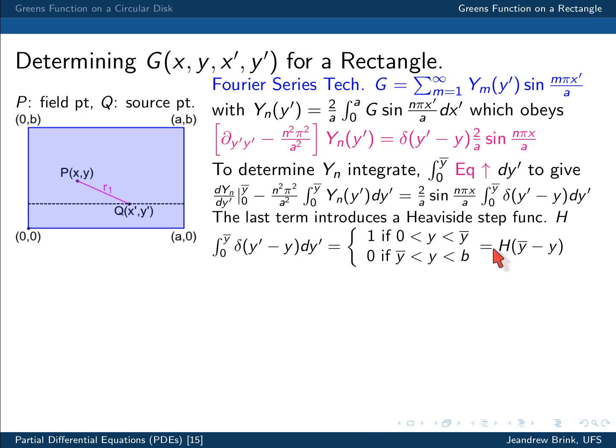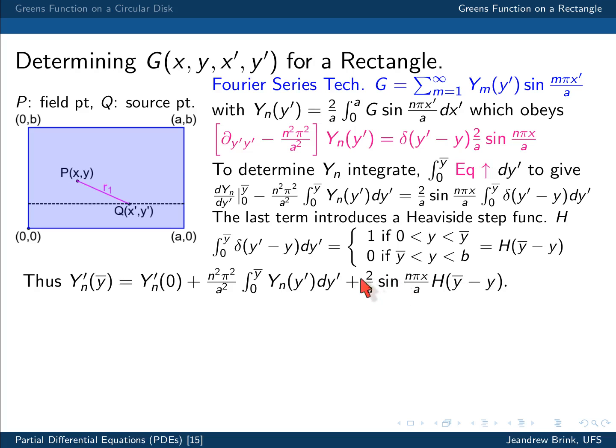And this can be rewritten as your Heaviside step function of y bar minus y, where your Heaviside step function is 1 if this thing is greater than 0, and 0 if this thing is less than 0.